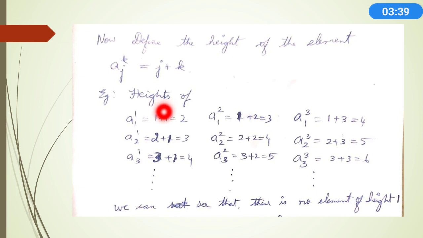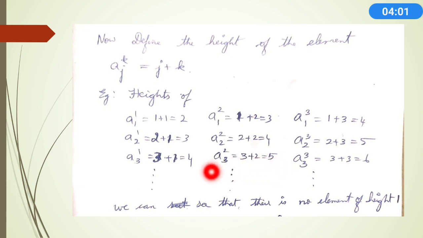So find the height of each element now. Height of a_1^1 will be 1 plus 1 is 2. Height of a_1^2 will be 2 plus 1 is 3. Height of a_1^3 will be 3 plus 1, which is 4. Similarly, you find the heights for the elements of A2 and of A3.